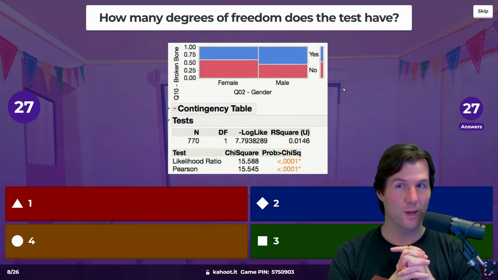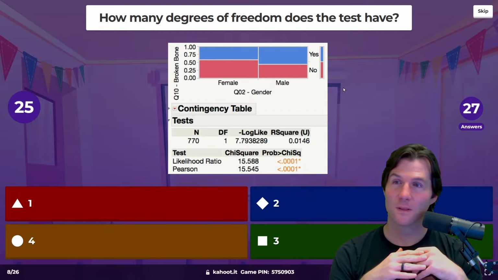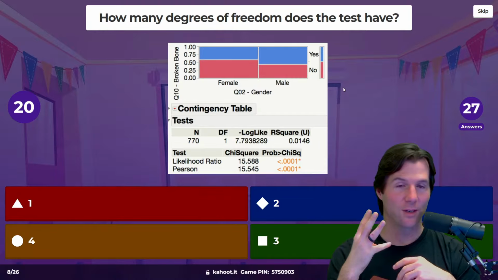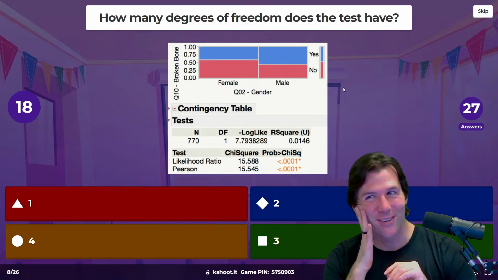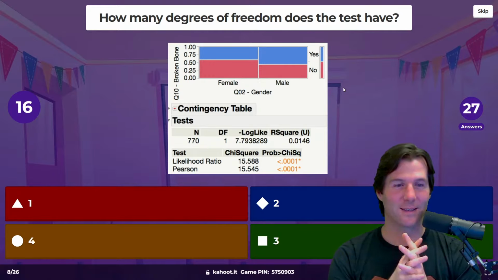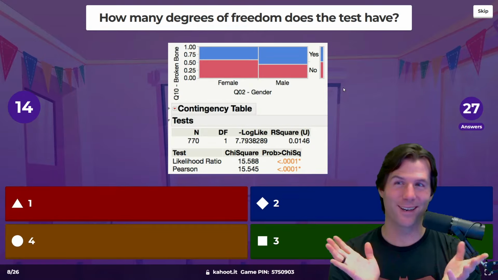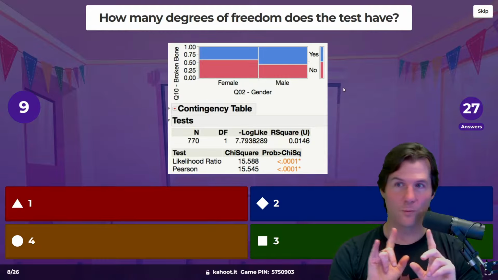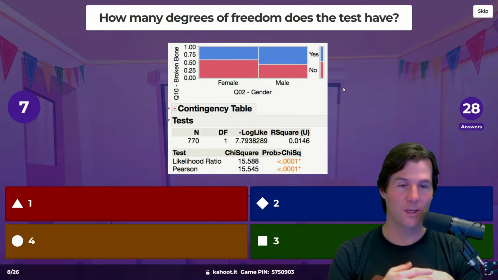It's rows minus 1 times columns minus 1. So 3 times 49. Yep, it's 147. So make sure to multiply them. Rows minus 1 times columns minus 1. I think it's 147 degrees of freedom.